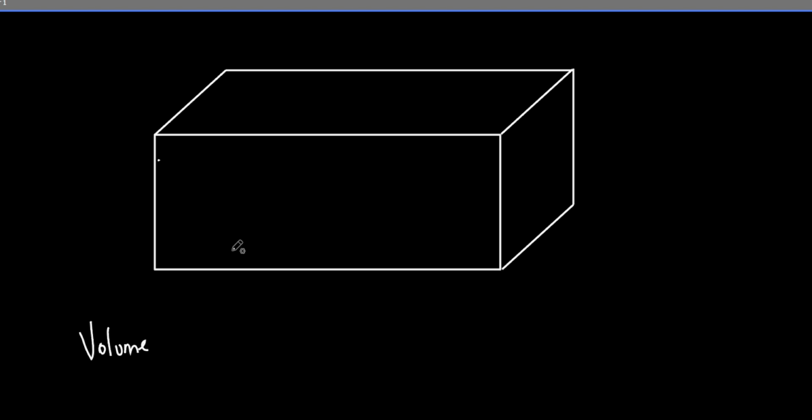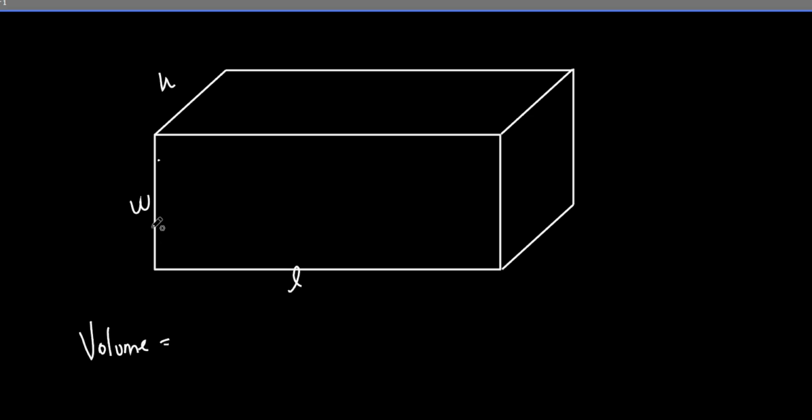So let's do this. It's a very simple formula, which is really nice. The volume of a rectangular box is the length times the width times the height. And that's it. You multiply all three of those together and you got the volume.